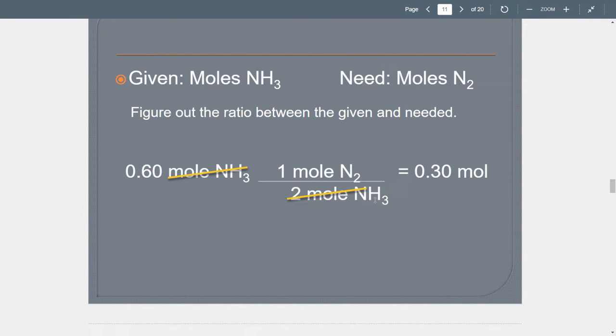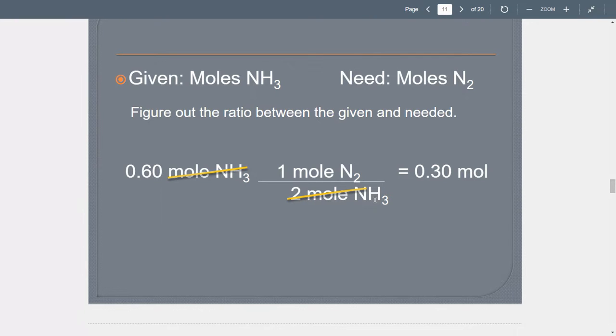Last week you stuck with the same compound from beginning to end. Stoichiometry allows you to start at something completely different, convert to something else, and then continue on with your moles and grams conversion.